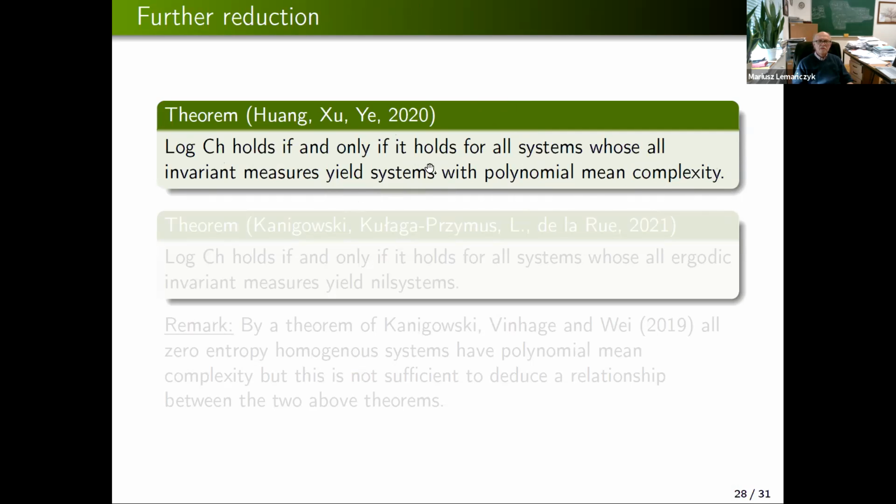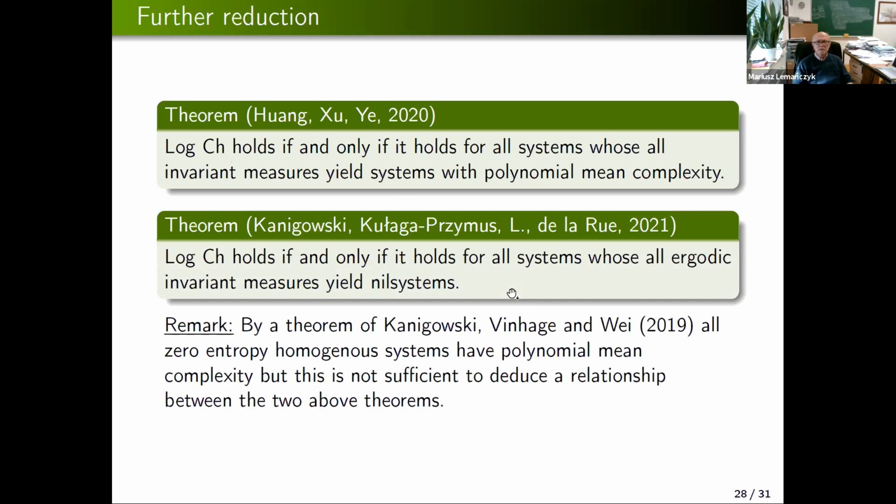Here it should have been just S, but of course then it is equivalent to the logarithmic Chowla conjecture, which is equivalent to the logarithmic Sarnak by Tao's result.